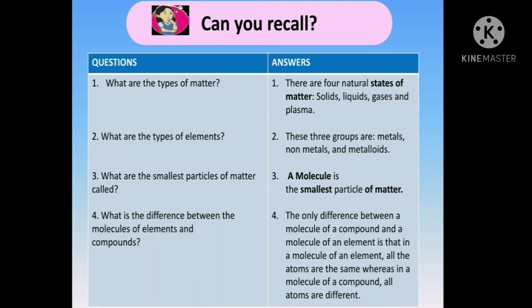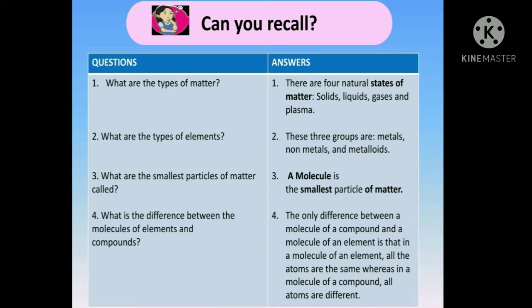What are the smallest particles of matter called? A molecule is the smallest particle of matter. What is the difference between the molecules of elements and compounds? The only difference between a molecule of a compound and a molecule of an element is that in a molecule of an element, all the atoms are the same.